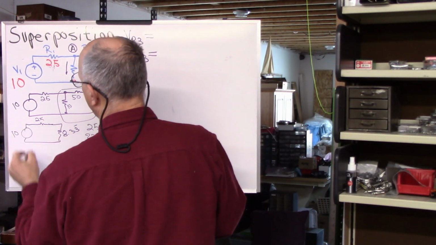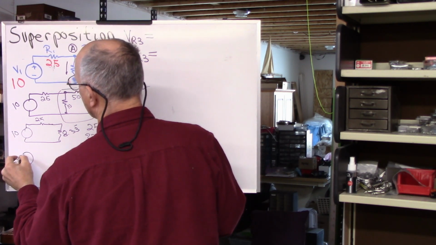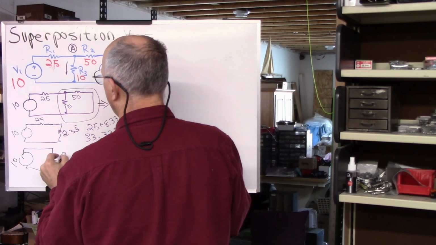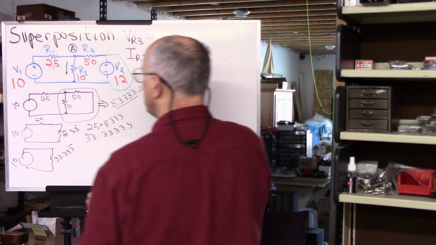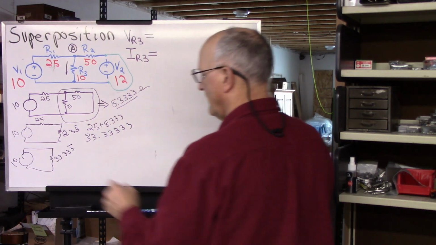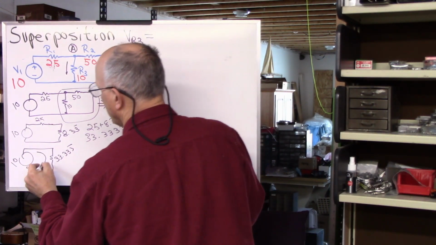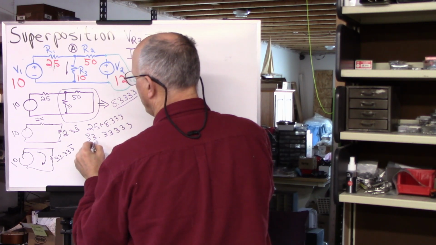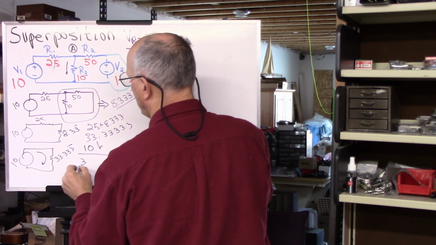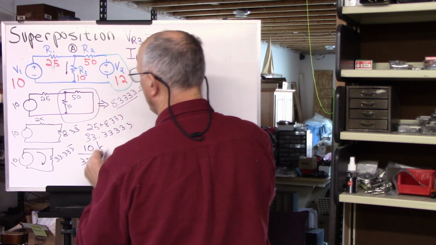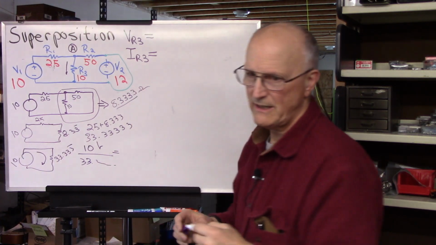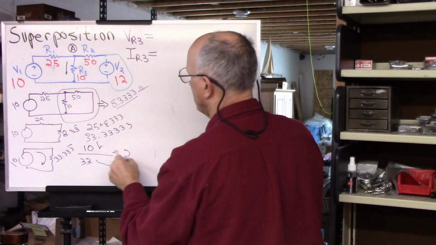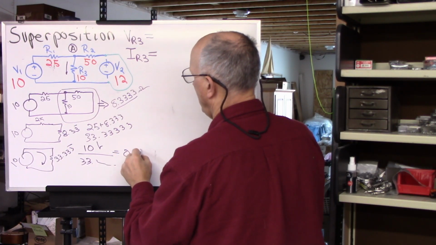All right, so now we're down to a 10-volt source with a 33.333 ohm resistor. Now we can calculate this current, which is 10 volts divided by 33.33, which just happens to work out ever so nicely to be 0.3 amps.